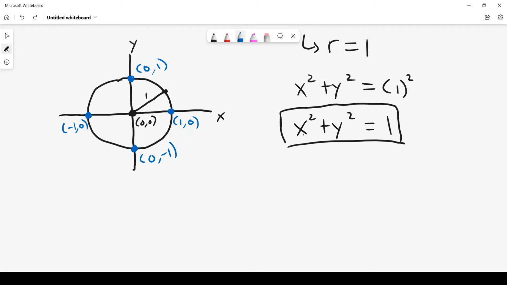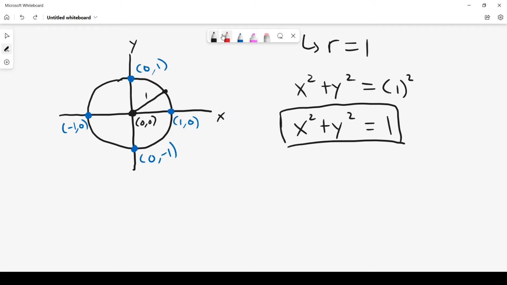It might be hard to think about what values of x and y make this equation true. But if we just look at x squared as a whole and y squared as a whole, then we'd be able to find a couple of values which can be relatively easy for us to determine.